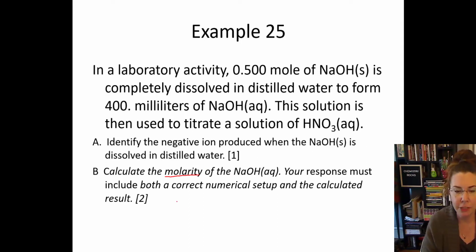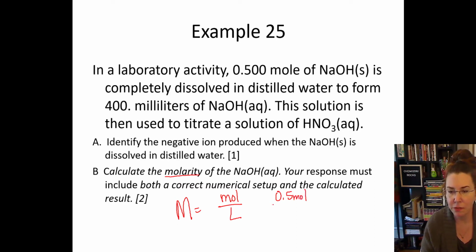We have to use the good old molarity equals moles over liters equation here. So this would be 0.5 moles of the sodium hydroxide in 0.4 liters of solution. And we're doing that because, remember, you have to use liters, and so we have to convert the milliliters to liters.